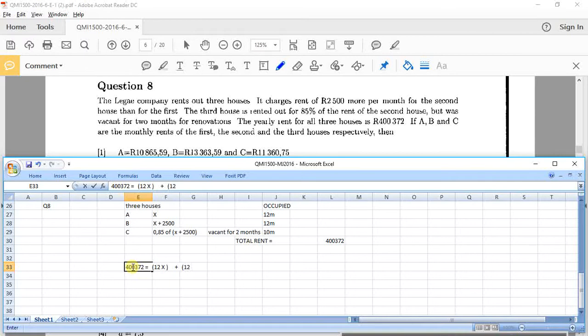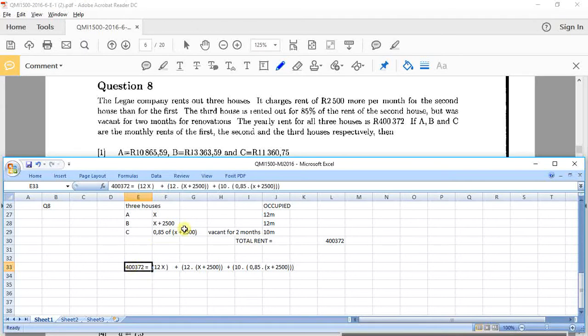Times x plus 2500, close brackets. Plus, how many months are you renting out house C for? 10 months. Times brackets 0.85 times x plus 2500, close brackets.